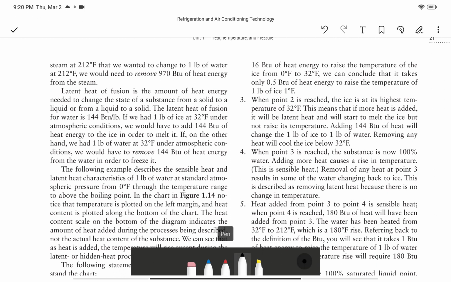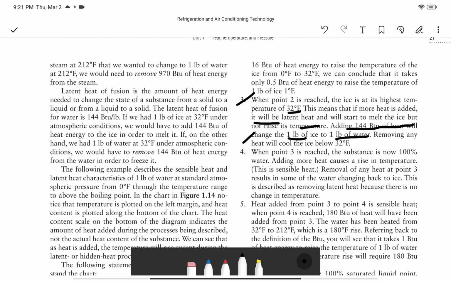Okay. At point 2, it reaches the ice melting temperature of 32 degrees Fahrenheit. This means that if more heat is added, it will be latent heat. It will start to melt the ice, but not raise the temperature. So adding 144 BTU will change 1 pound of ice to 1 pound of water.